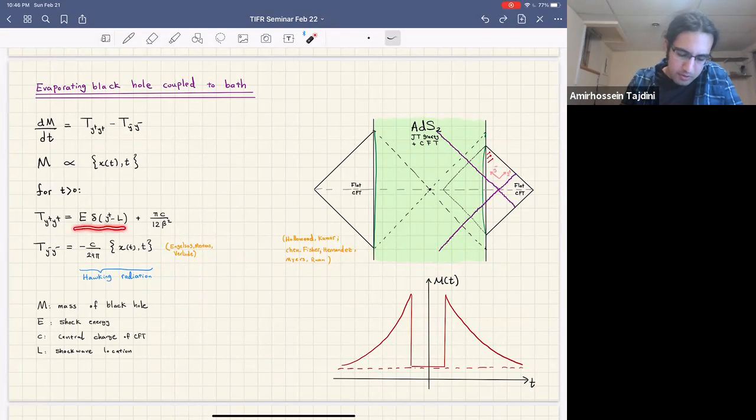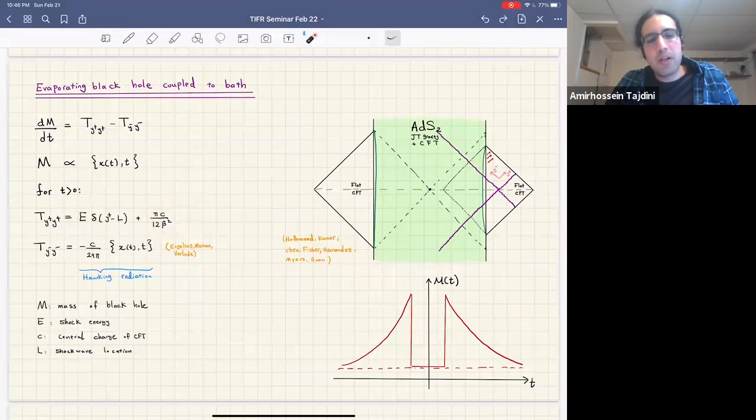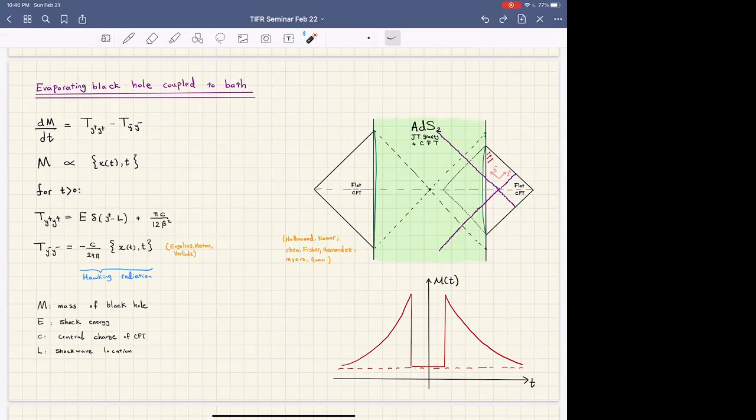There will be a delta function due to the shock wave. There will be some constant because the background is a thermal background. More importantly, after the shock enters the black hole, there will be a decaying term, which is the Hawking radiation. We will get back to how this is derived. Here I'm just telling you the equation in Lorentzian, then we will go a little deeper in Euclidean.